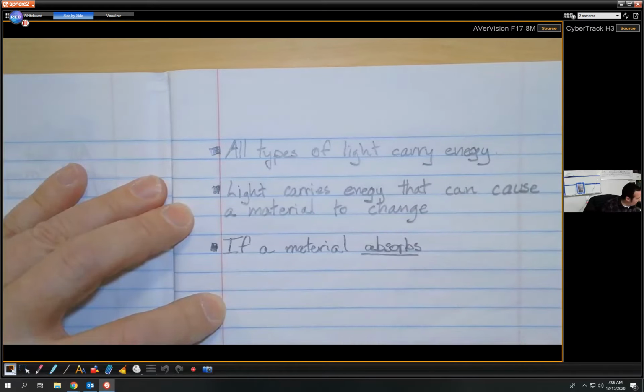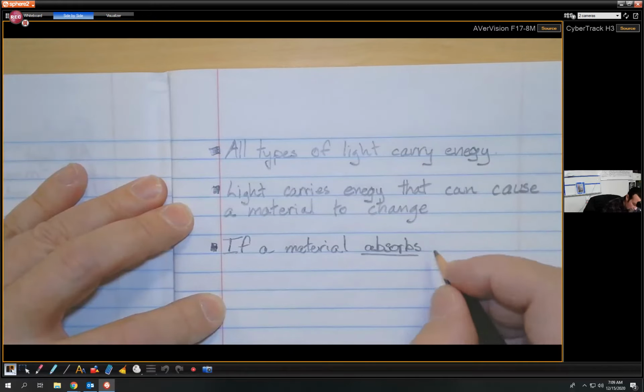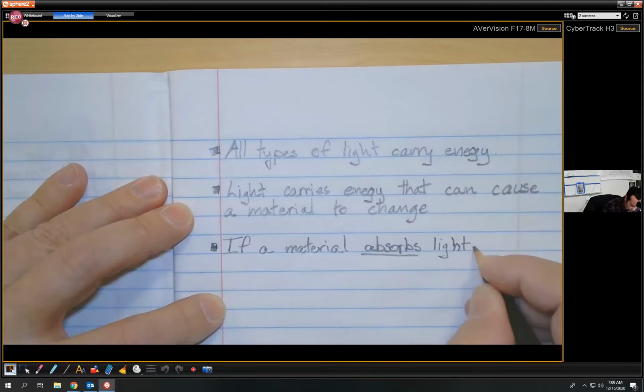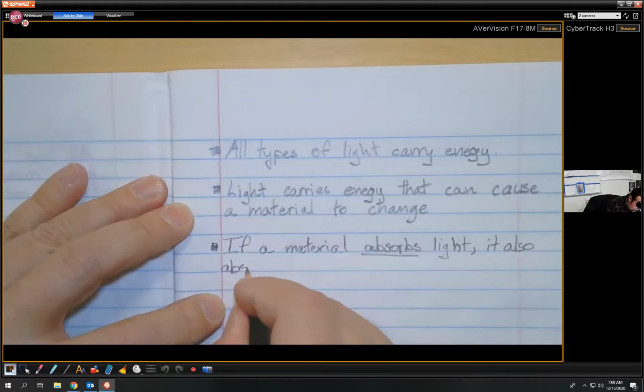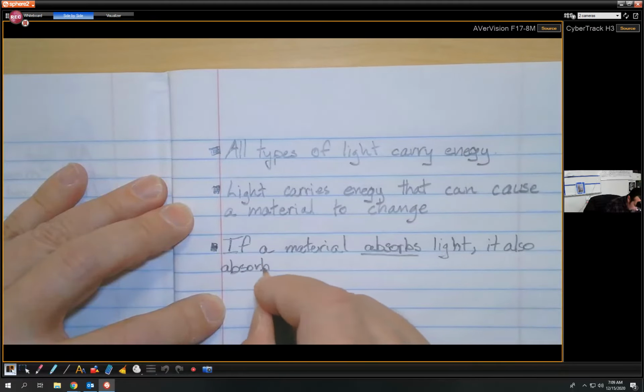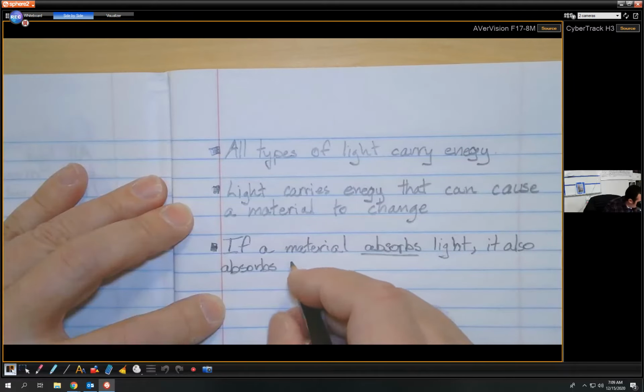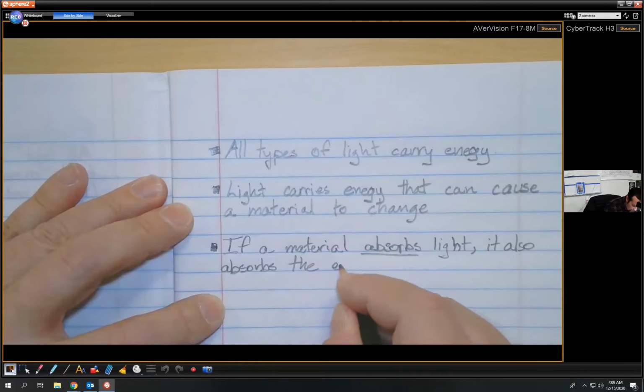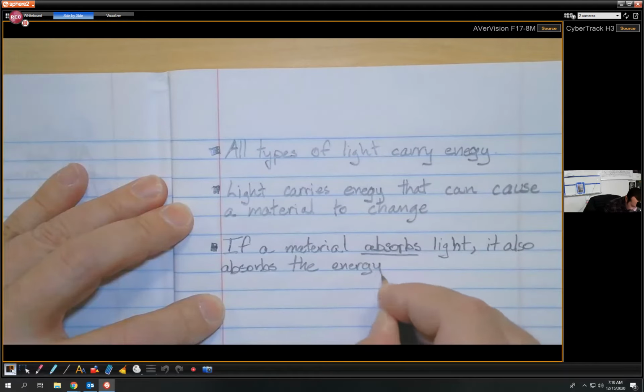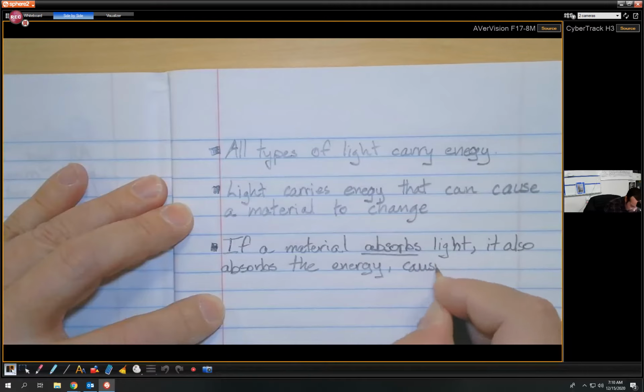Absorbs, remember that means to take in.